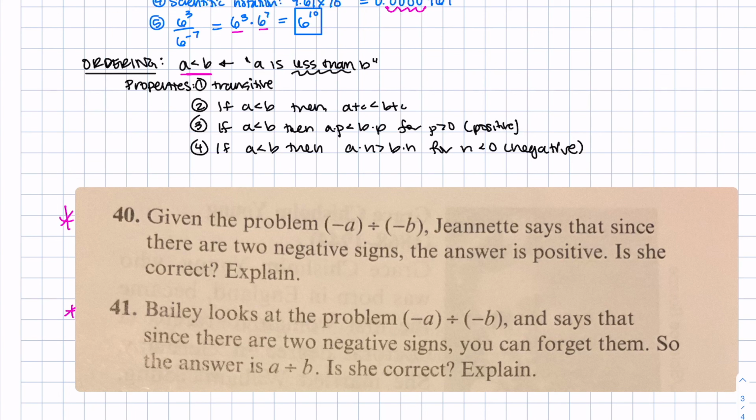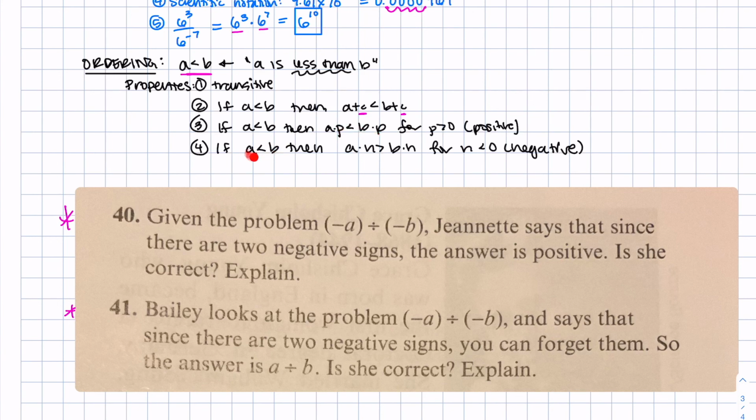If I add the same value on both sides, it does not change the inequality. But what does happen now is that when I talk about multiplication, it depends on whether I'm multiplying by a negative or a positive integer. So let's say I start with A is less than B, and I multiply both sides by a positive integer, then the inequality is preserved in the same direction.